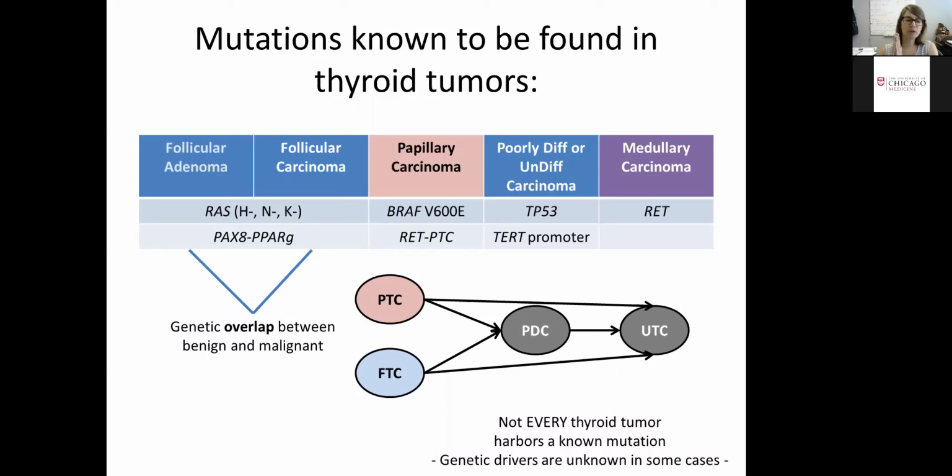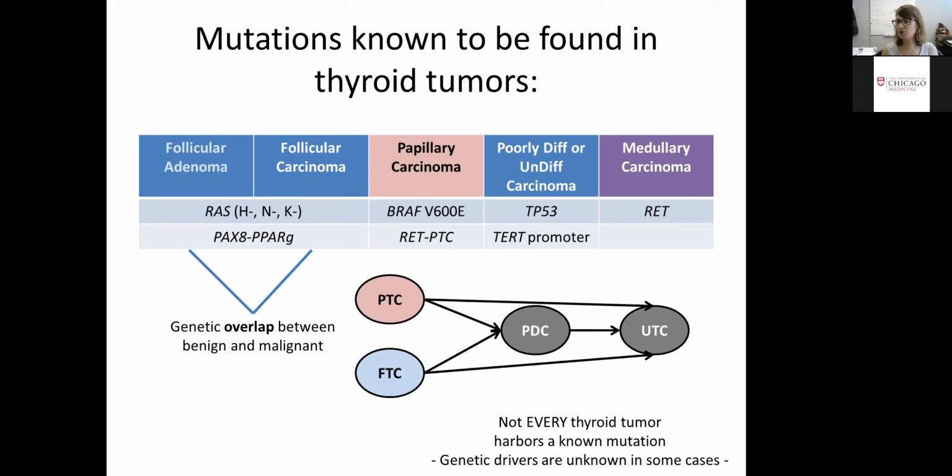You're going to be looking for high-risk mutations like TP53 or TERT promoter, which often are found in the more aggressive poorly differentiated or undifferentiated/anaplastic. And then lastly, you might be looking for something like a RET mutation, which should really only be seen in medullary cancers, okay? So not every thyroid neoplasm has one of these, but if you're going to see something, it's probably going to be in this group.